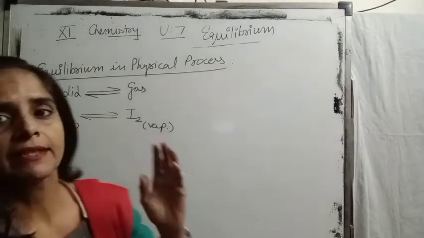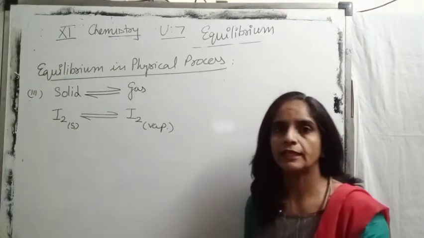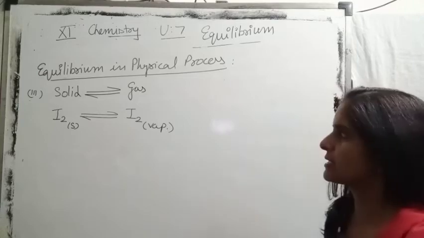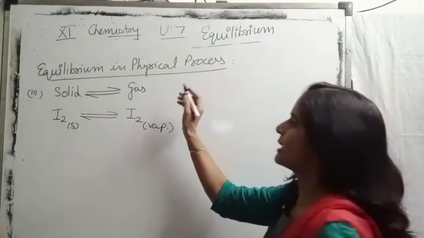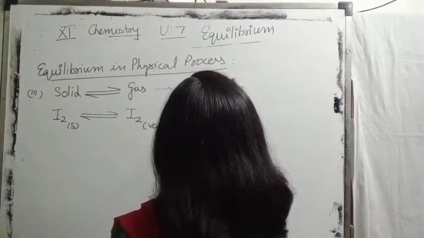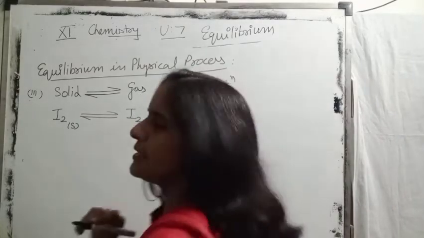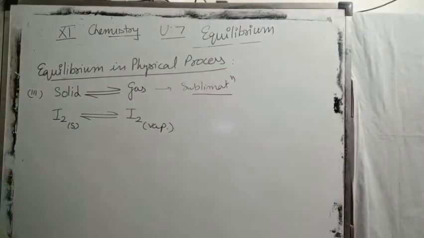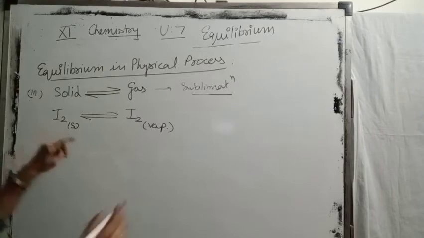The third type is solid-gas equilibrium. If you remember, conversion of a solid on heating directly into gas is termed the sublimation process, right? So for this process, as it is a sublimation process, we need a sublimate compound. There are many sublimate compounds, like iodine.